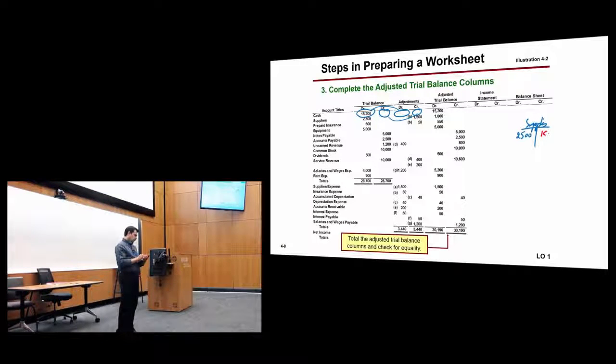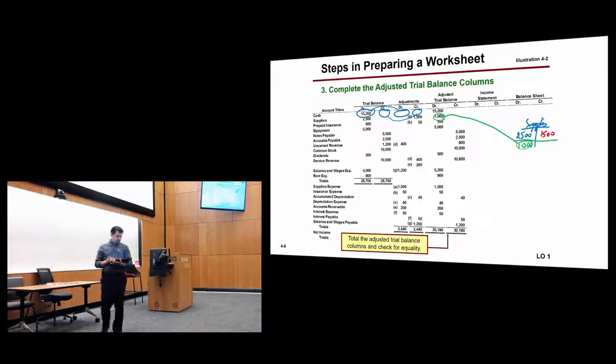What's the new balance? 1,000, debit. So this is the new balance. Where do we put it? Because it's on the debit side, we include it here on the debit side.